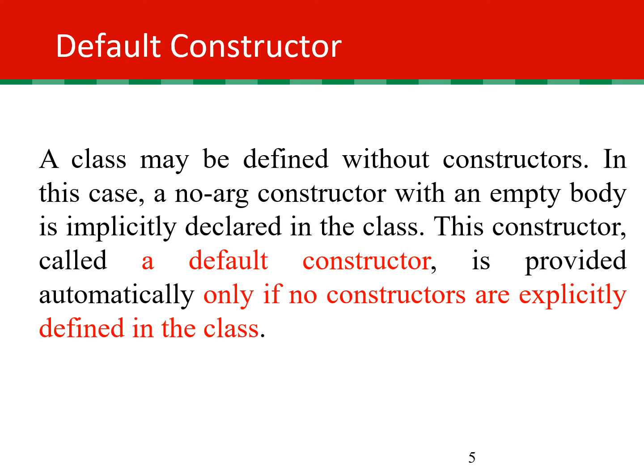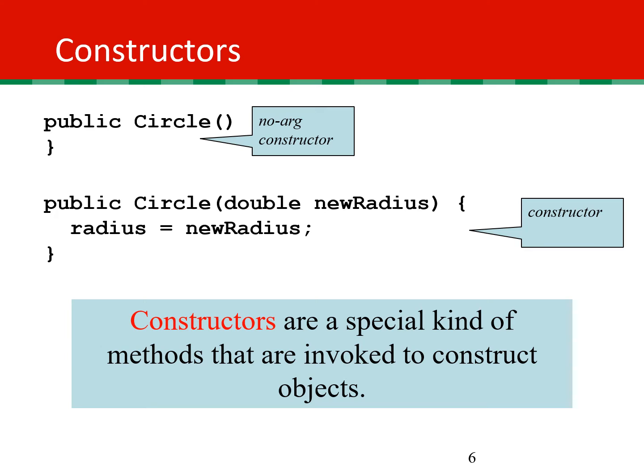It is provided automatically only if no constructor are explicitly defined, meaning that, for example, you write your own class, you don't have the constructor, so Java is assuming that you have the default constructor there. Okay, you don't have to do it. Java will create it automatically for you, right?